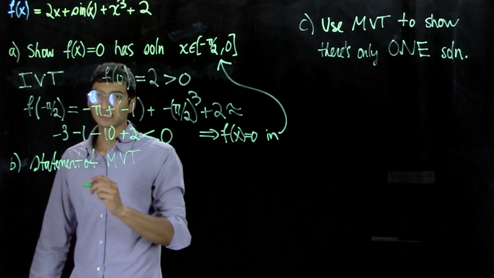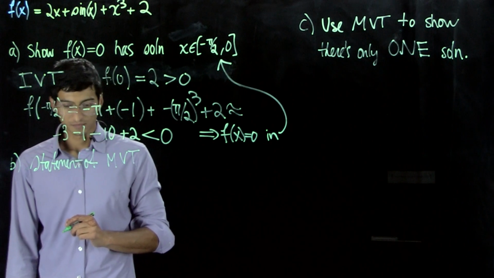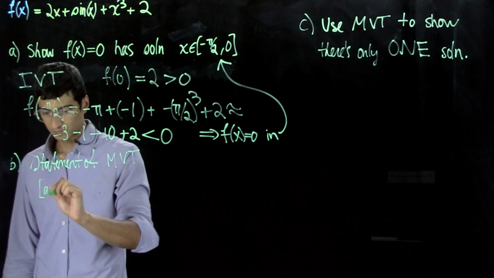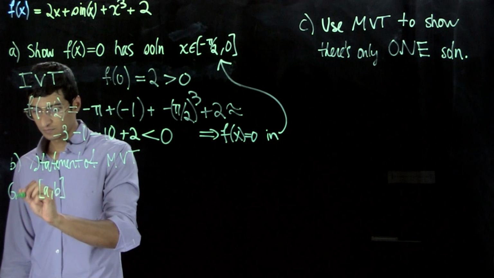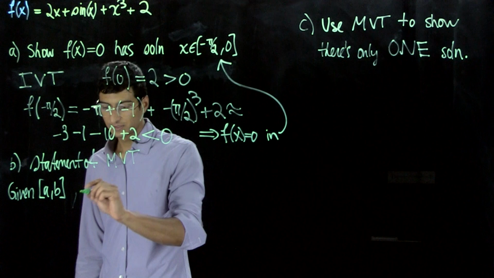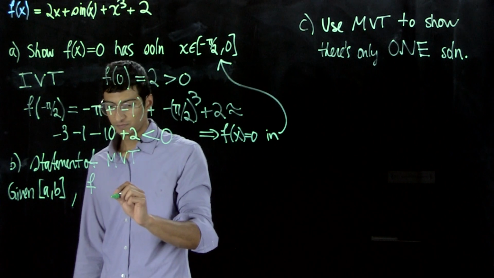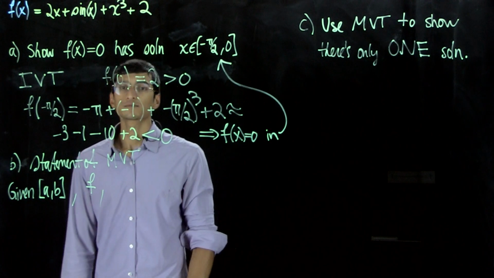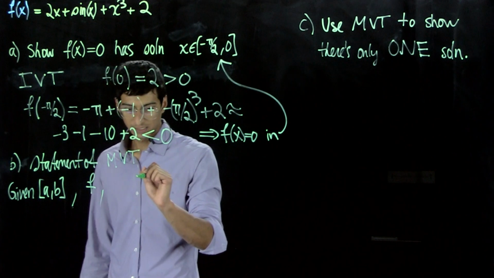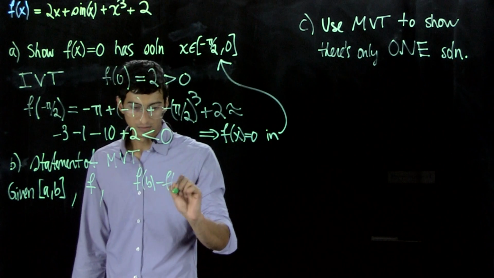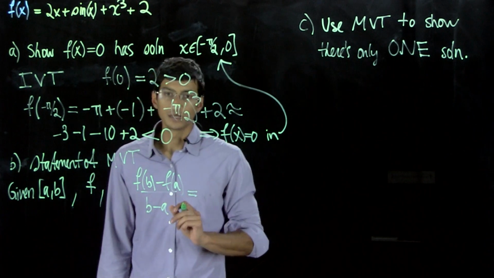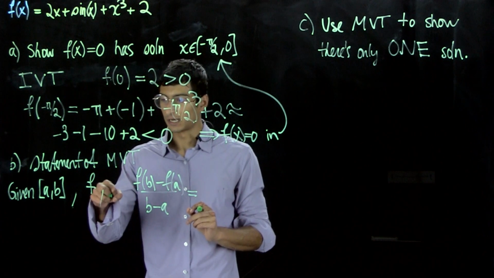Next step of the problem is asking us to state the mean value theorem. The mean value theorem says that for any interval and any function, the slope of the secant line equals the slope of the tangent line of the function at some point.